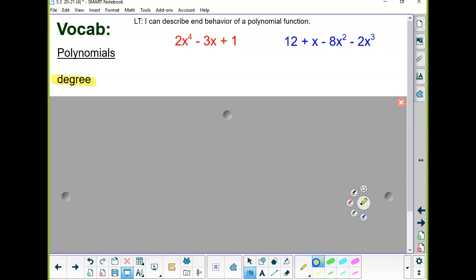The degree is the highest exponent in the whole thing. So in this case, the degree of this polynomial would be 4. It's a 4th degree polynomial. The degree here would be 3. Simply put, your degree is your highest exponent. Whatever's the largest number, that's what it is.